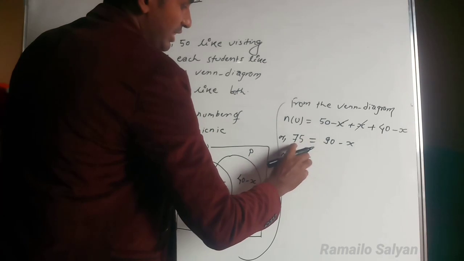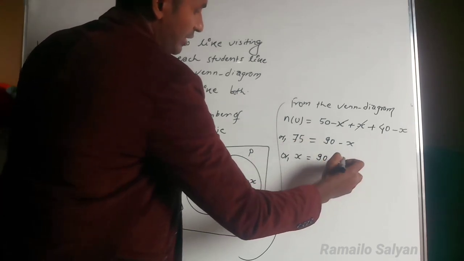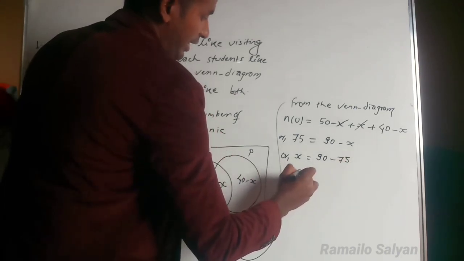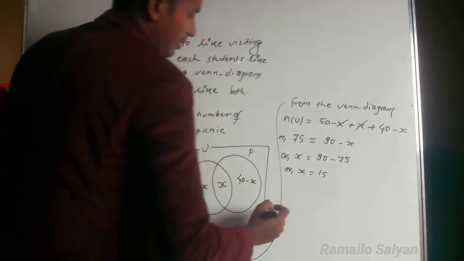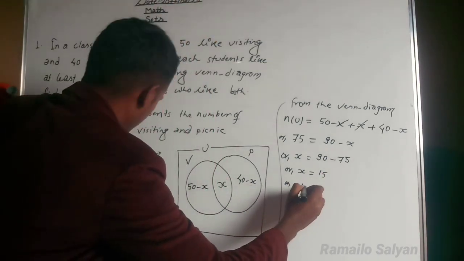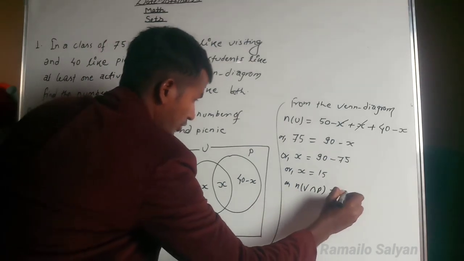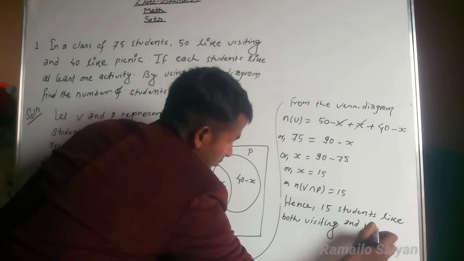Transform this X to the LHS, it becomes plus X, and 90 stays, and transform this 75 to the RHS, it becomes minus 75. So X equals 90 minus 75, which is 15. So V intersection P equals 15.